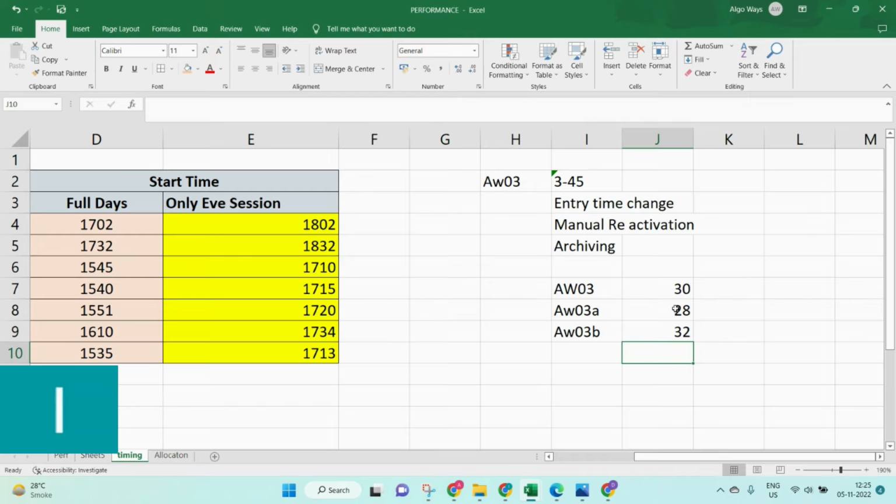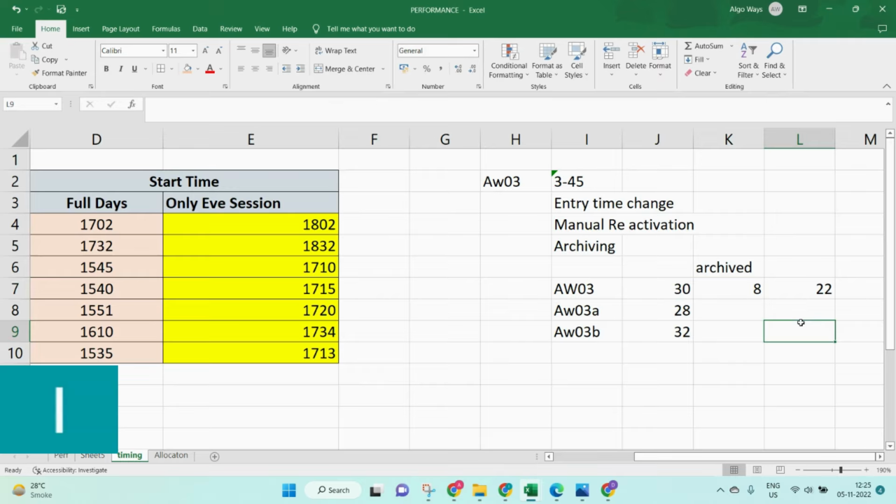Now after market close, suppose 8 of the people who have subscribed to AW03 archive the strategy. So 8 people archived, and the live deployment which will be seen here will be 22.